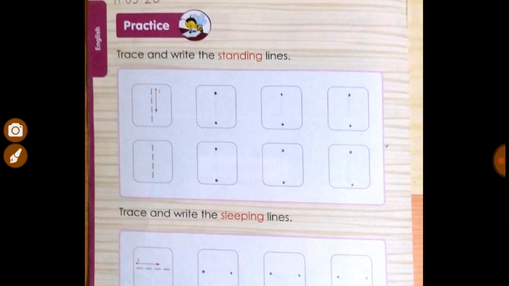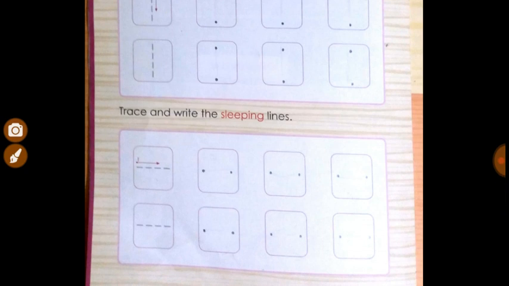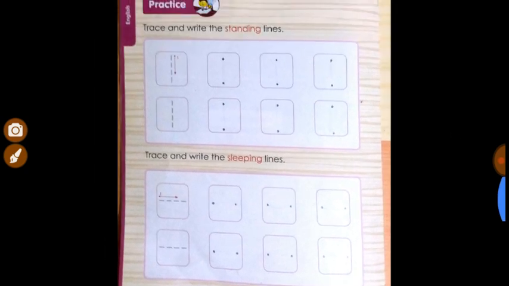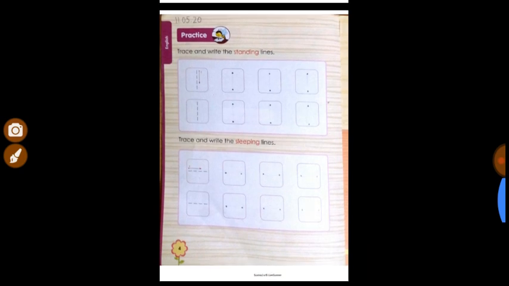See, for the standing line, you have to give 2 dots only. And for the sleeping line, also you have to give 2 dots. But your dot should not touch the top and bottom line. It should be in the center only. Okay? And let the child do it. Ask your child to complete the work in correct formation.